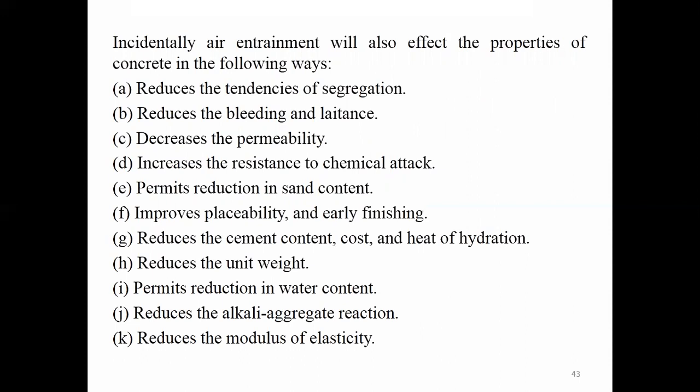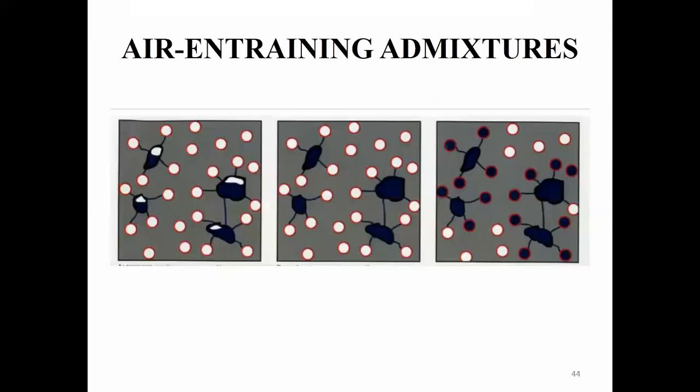Next, coming to the point of permeability. Permeability means the penetration of any material. It may be water or it may be a chemical. I have already told you; you can see this image and understand it itself. Here you have these air bubbles, uniformly distributed.